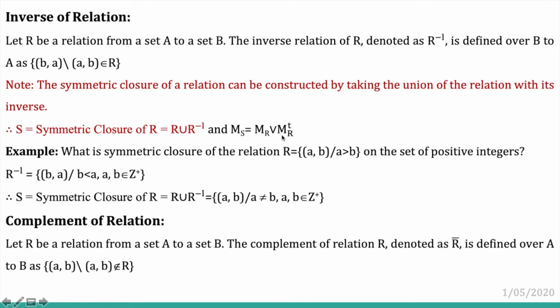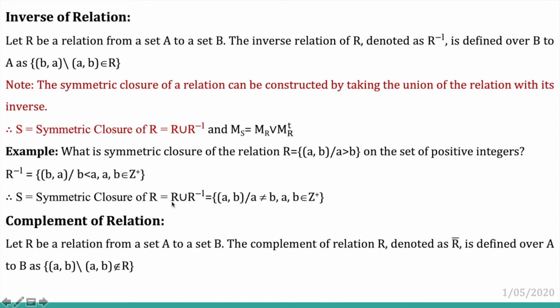Let's see it by an example. Here, relation R is defined over the set of positive integers as a relation that contains ordered pairs A and B where A is greater than B. Then, by the very definition, the R inverse is also defined over the set of positive integers as the relation that contains ordered pairs B, A where B is less than A. Now, the symmetric closure of R is a union of R and R inverse.